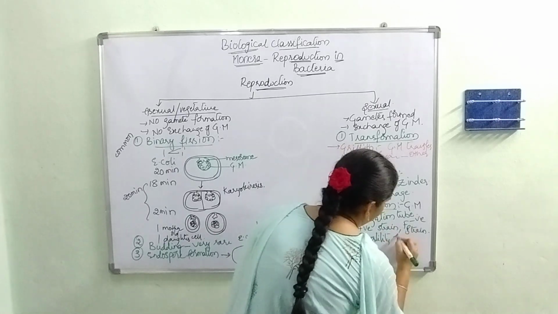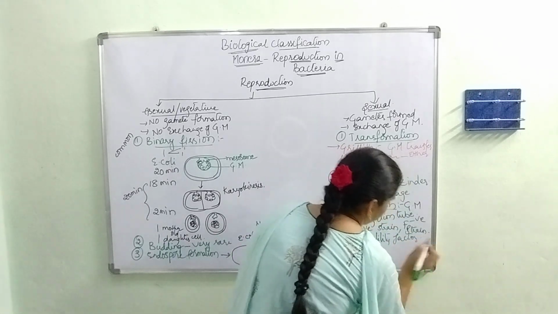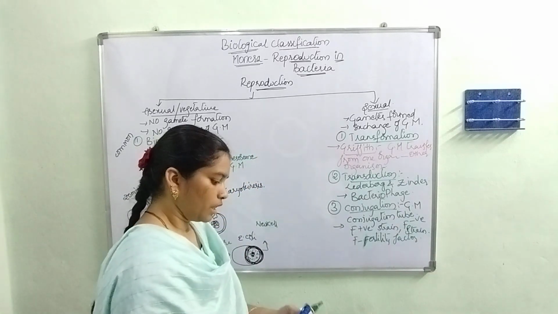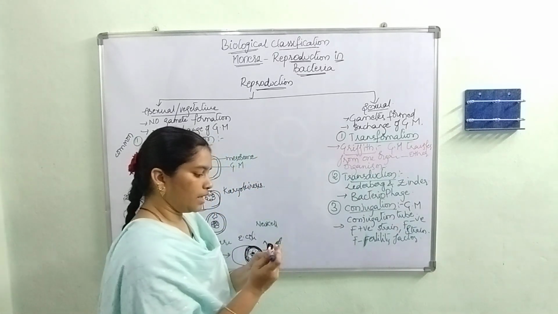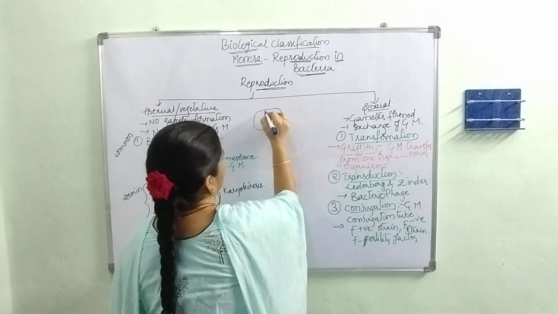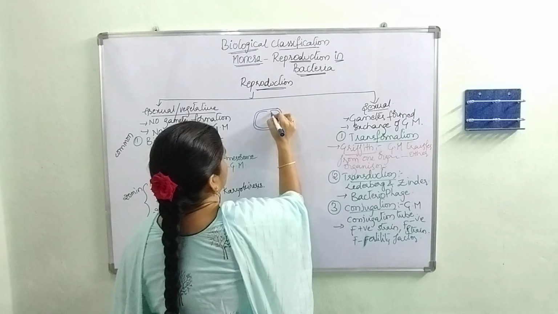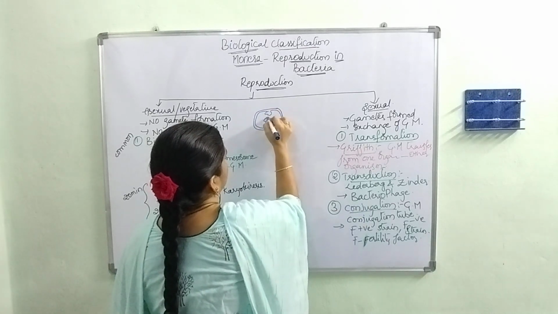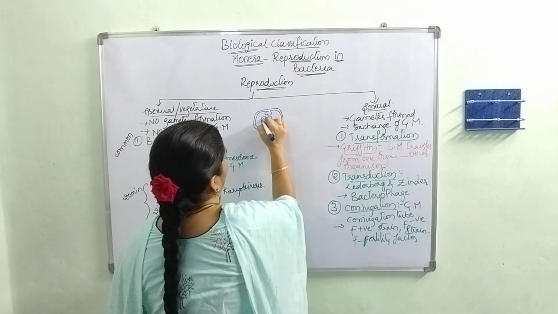What is this fertility factor? If we draw an E. coli cell, there is a mesosome and a nucleoid present in the cell.